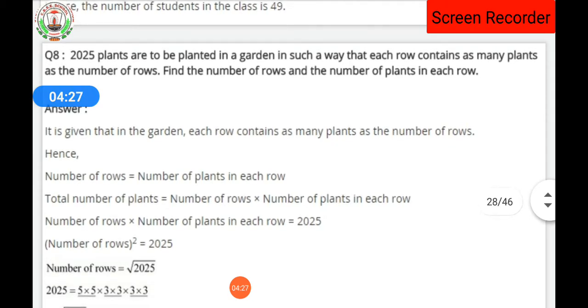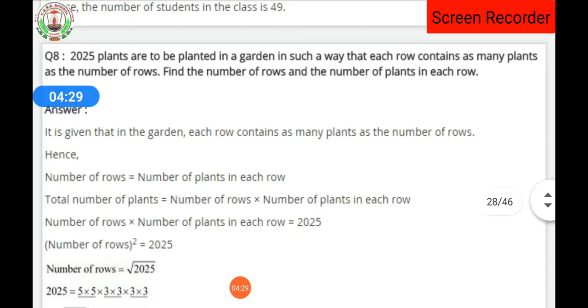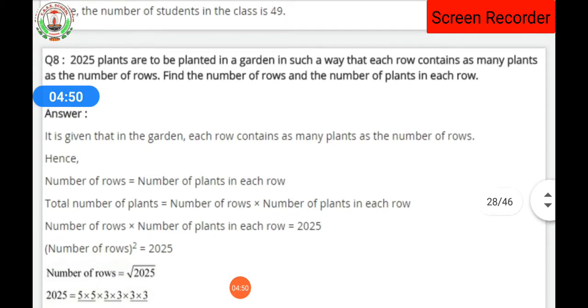Find the number of rows as well as how many plants are planted in one row. In a garden, we can create any number of rows, isn't it? So in that garden the total number of plants is 2025. It is asked how many rows will be there in that garden and how many plants will be planted in one row.